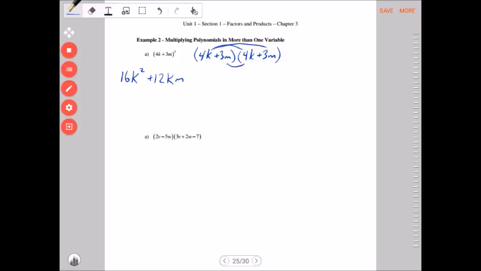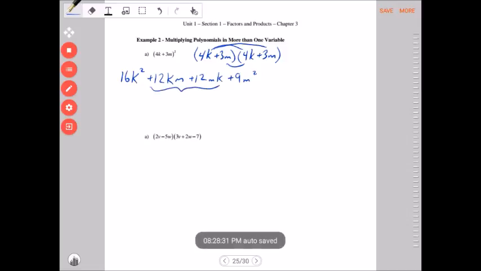Okay, so down here, this is going to be 3 times 4, so that is plus 12 again. And there's an m and a k. So I'm going to write it this way just to prove a point: mk. And then plus 3 times plus 3 is plus 9, and then m squared. Now, if you look at this, the O and the I combined before, well, they're going to combine now too.